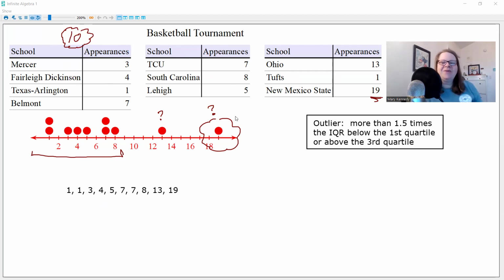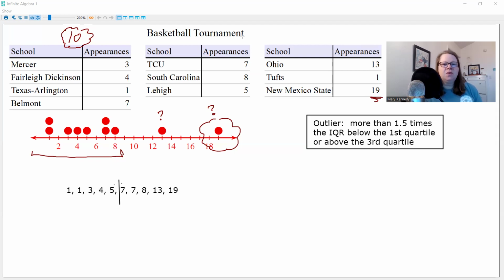Okay, so I need to find the first quartile. For that, I need to divide this in half and get a sense of where the lower half and the upper half are. So 1, 2, 3, 4, 5, and 1, 2, 3, 4, 5. Right in between is going to be my halfway point between that 5 and 7.